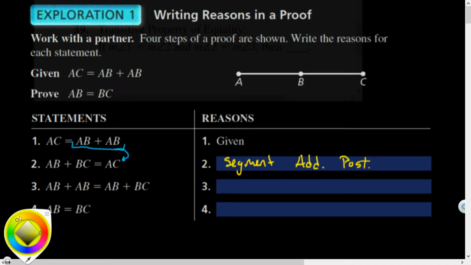So that, I believe, is the substitution property of equality. Man, I really like that yellow on the blue. I like it. It's good stuff. All right, here we go. So, substitution property of equality.